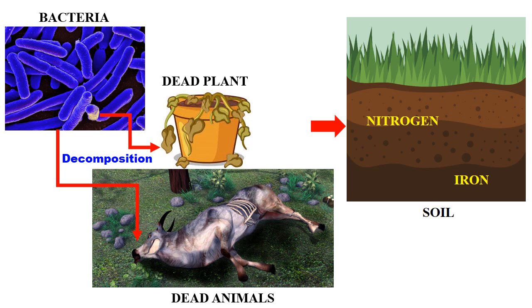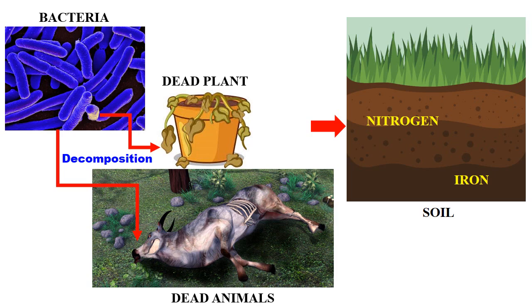When they decompose dead plants or dead animals, whose main content is organic, they break them down into inorganic substances. This transformation is done by those bacteria or decomposers, and the inorganic substances mix with the soil day by day in the form of nitrogen and iron, and become the nutrients of the plants.